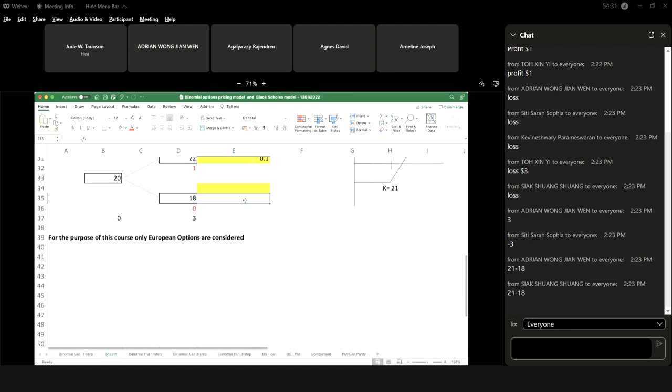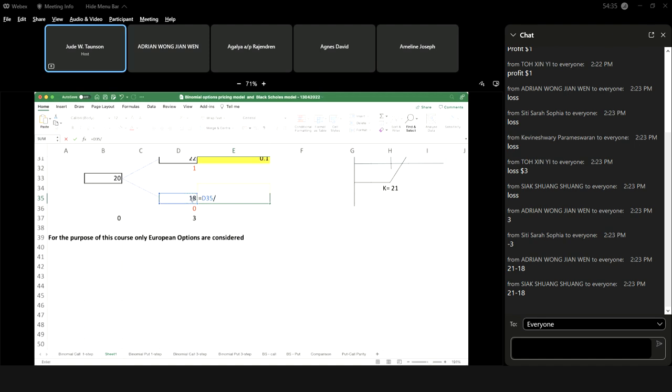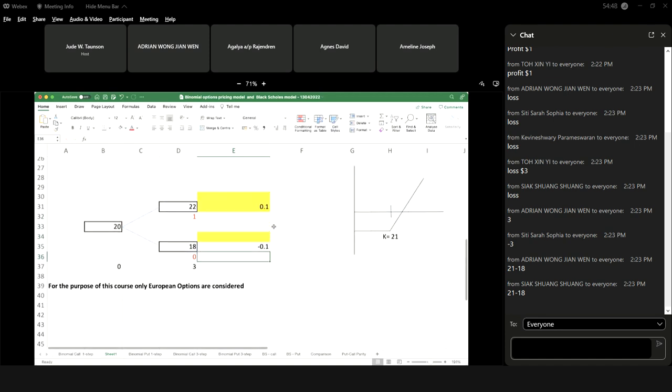This one is 1 divided by minus yesterday divided by yesterday. So you get 0.1, negative 0.1.